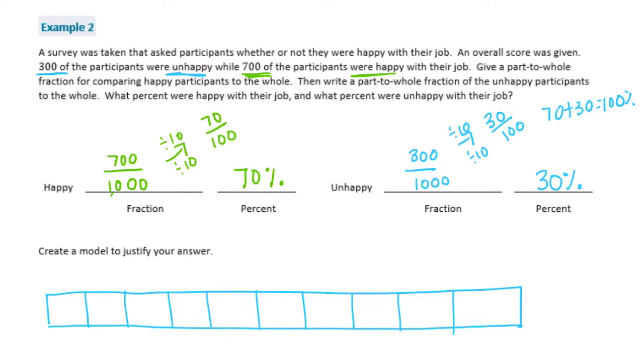And since we're talking 70 and 30%, and out of thousands, on the top, I'm going to skip by 10%. And then on the bottom, since it's out of 1,000 and we need to space it out by 10, I'm going to count by 100.